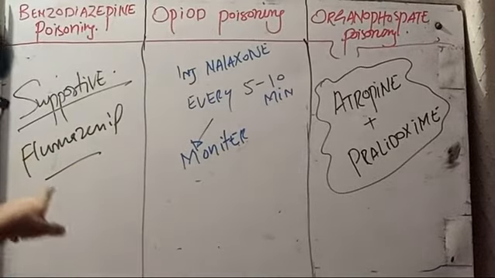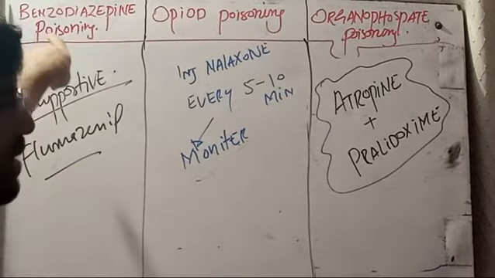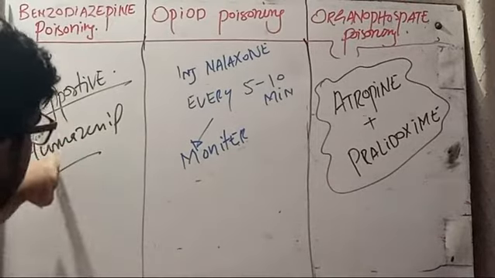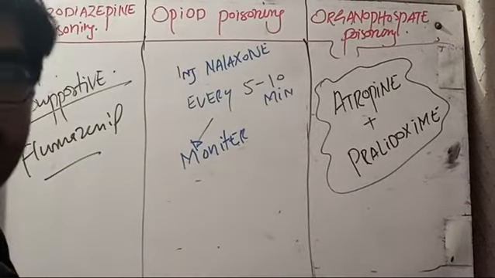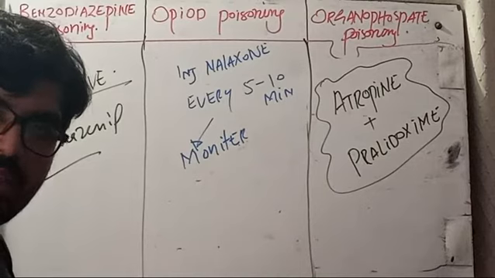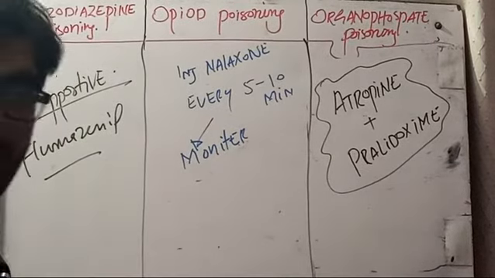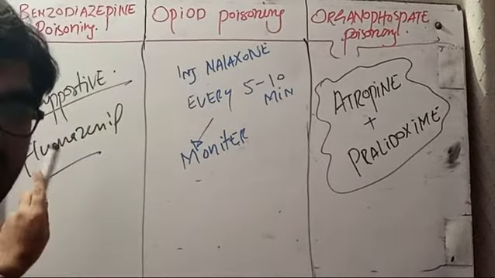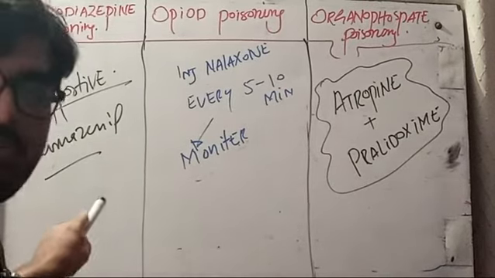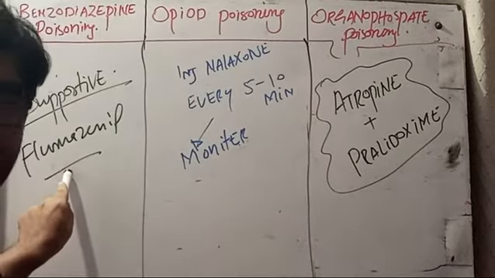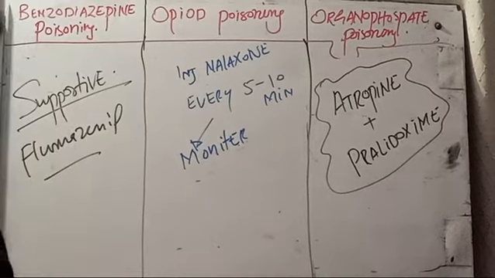What is the role of flumazenil in case of benzodiazepine poisoning? Well, this is the specific antidote for benzodiazepine poisoning. But what is the role? Point number 1, it is not easily available. Point number 2, it is very expensive. Point number 3, it causes withdrawal seizures. How?